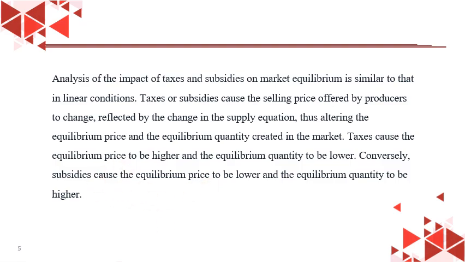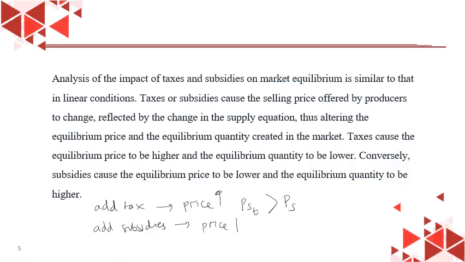Yeah, so remember again that whenever we add a tax, adding tax will make the price higher than before. So the PS with tax, because of the tax, is higher than the price without tax. And by adding the subsidies, it makes the price lower than before. So PS with subsidies should be lower than PS.